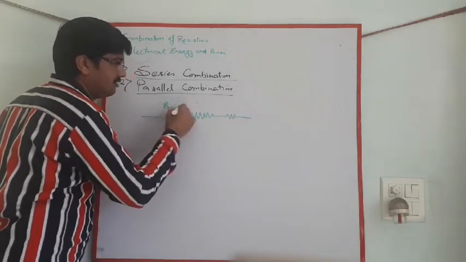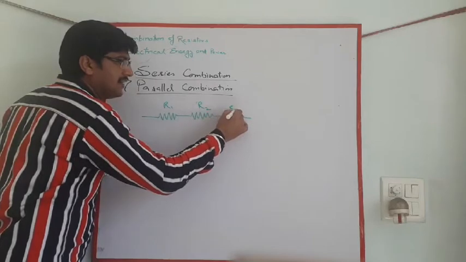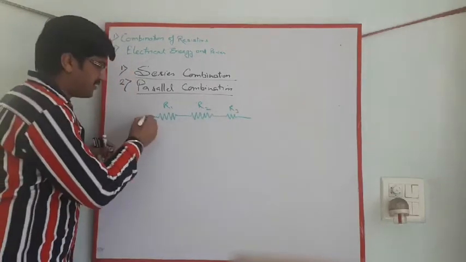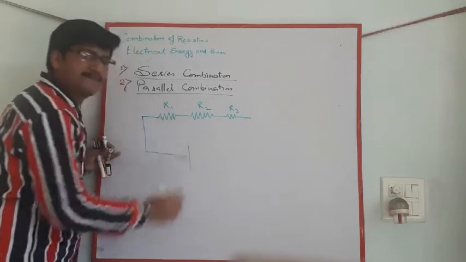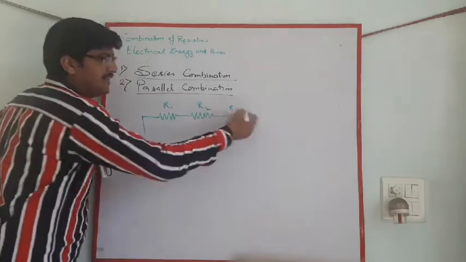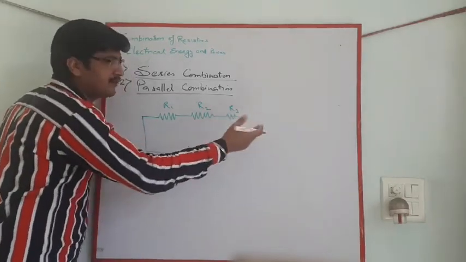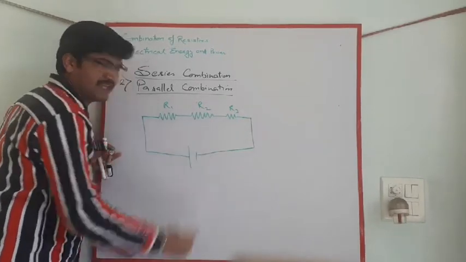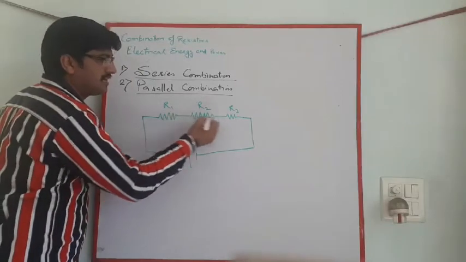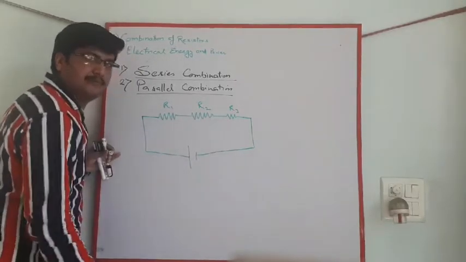say R1, R2 and R3, the first terminal of the first resistor is connected to one terminal of the cell, and the last terminal of the last resistor is connected to the second terminal of the cell, and internal terminals are connected with each other.